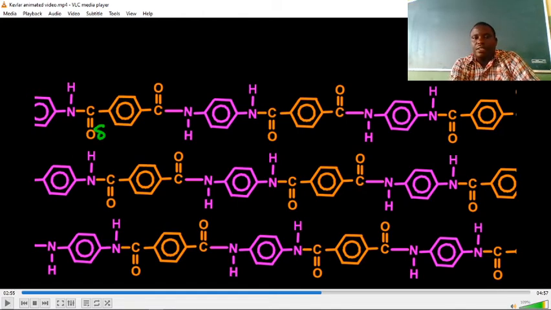Now, you will see how Kevlar becomes a very strong substance, as you will see in its use. In our daily life, it is used as bulletproof for policemen and for other military uses. Even a bullet cannot break this Kevlar substance.